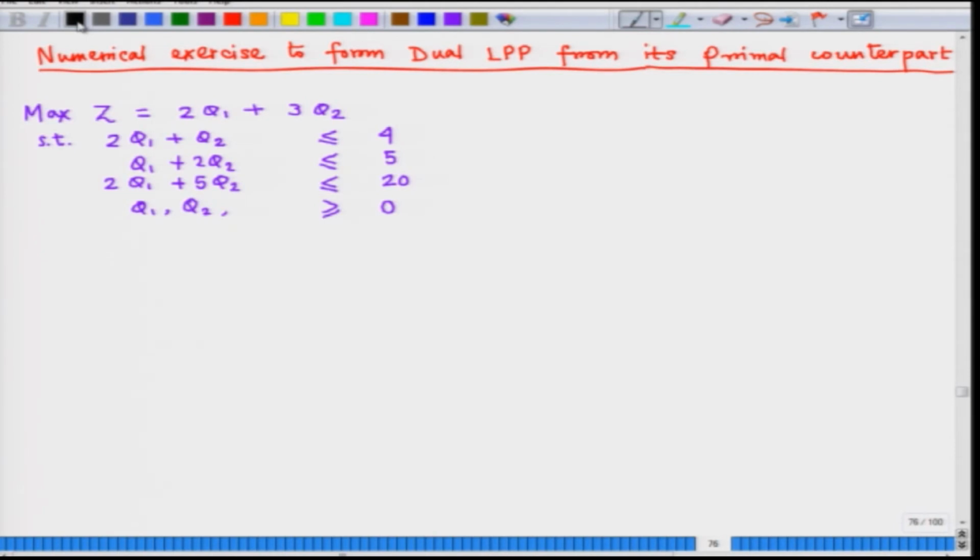So, let us revisit the same old primal problem that we had, the primal problem of a profit maximization exercise of a firm, and now let us construct the dual LP problem from this primal problem. So, this is primal.